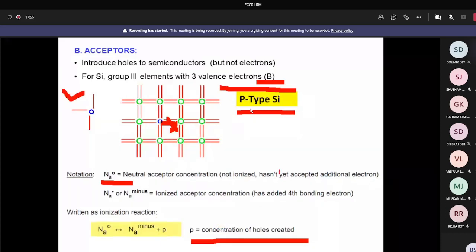Now, what will be your minority carriers? Electrons, sir. Yes, electrons. So where are they coming from?